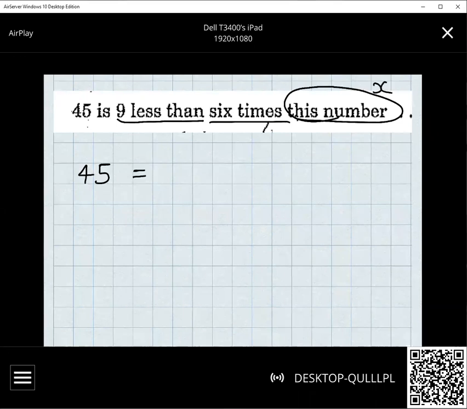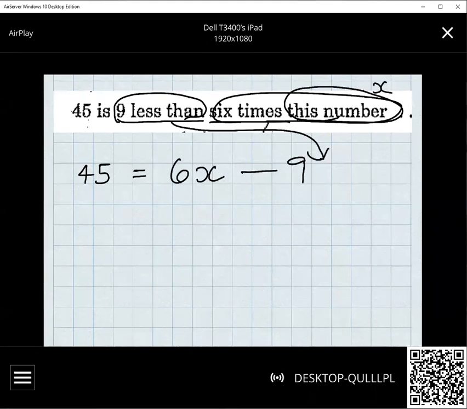How do you make the number 6 times? Times by 6. And how do you make it 9 less? Do minus 9. There you go. So even though the 9 less is written first, it comes second. 6 times, written last, it comes first. It's just the way you write it to make it make sense.